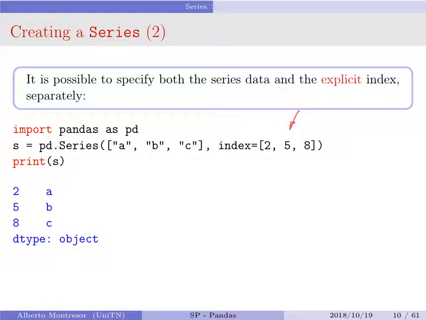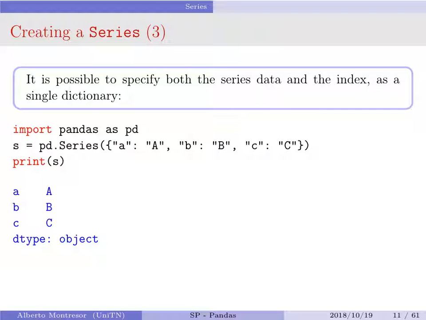So for some days of the year, the 2nd, the 5th, and the 8th, you have information which is associated. So when you print the series, you get that to index 2 is associated the value A, to index 5 the value B, and so on. Okay, and this is another way to create them.